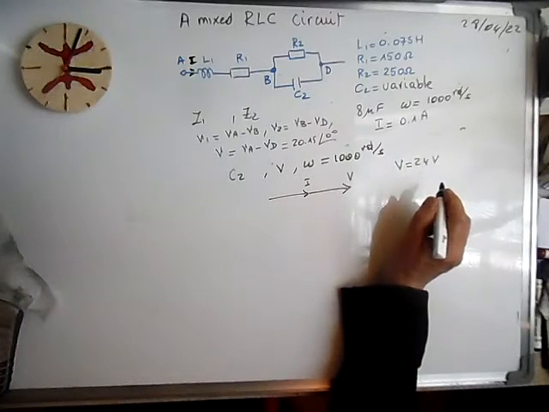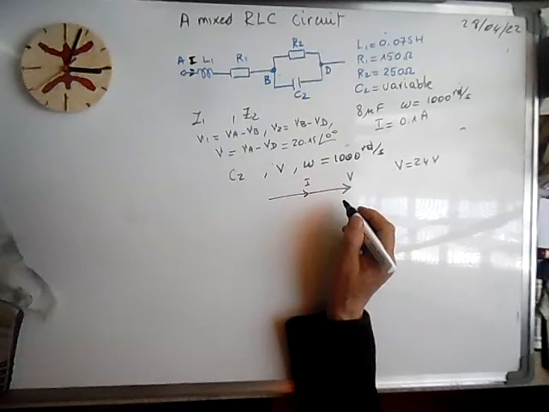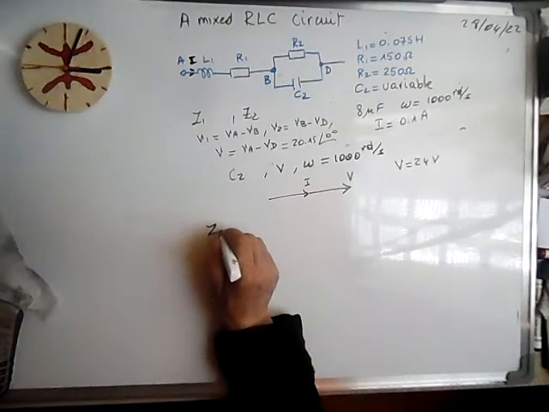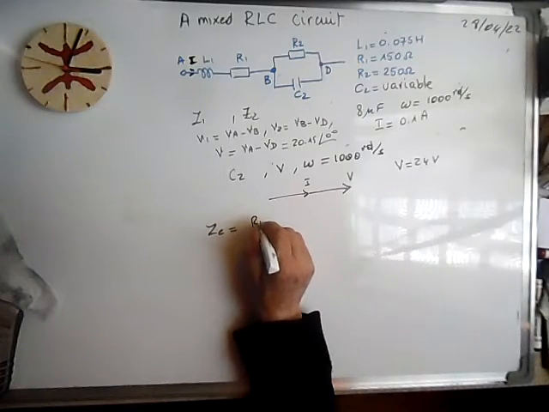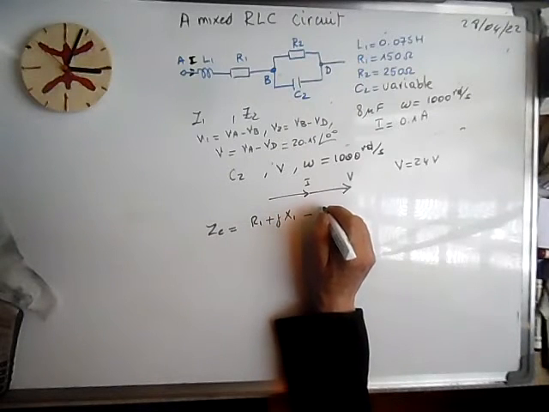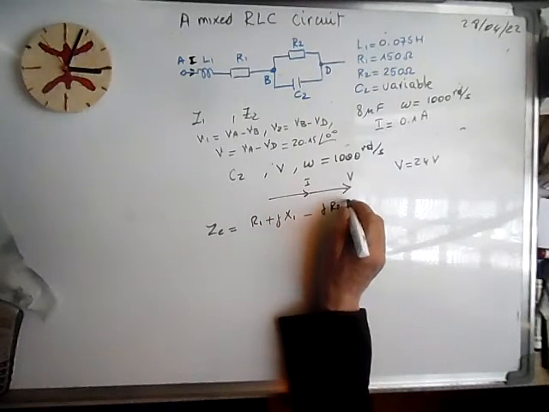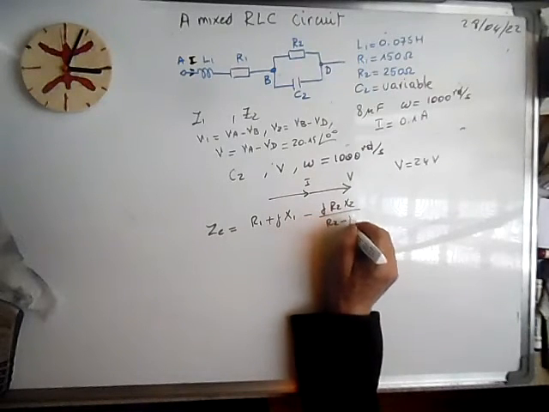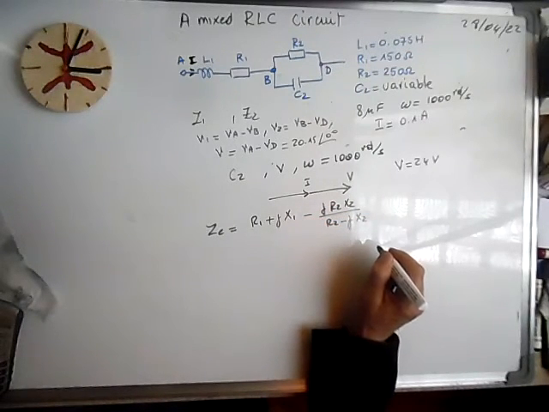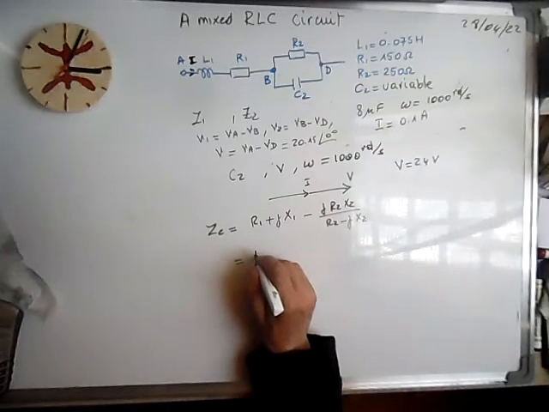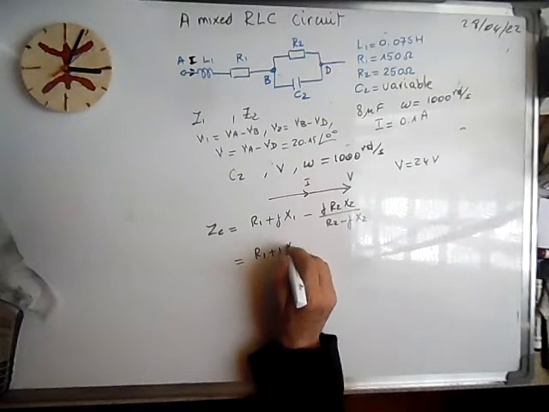Okay, let's go. If the current and the voltage are in phase, the equivalent impedance, which we have calculated before, is R1 plus jX1 plus minus jR2X2 over R2 minus jX2.